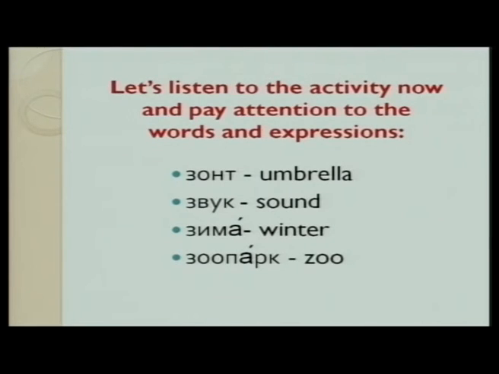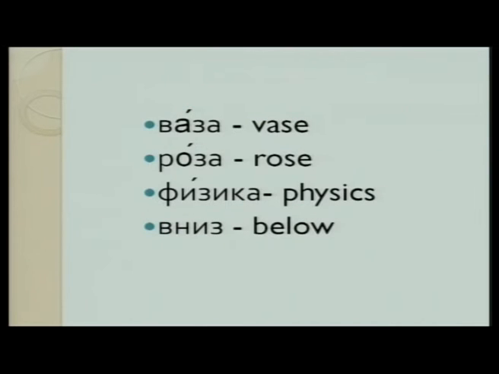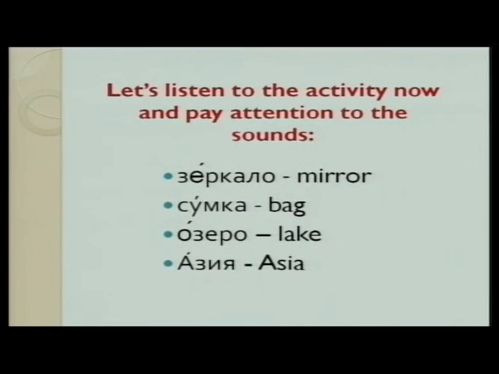Zont means umbrella, zvuk means sound, zima means winter, zapark means zoo, vaza means vase, roza means rose, fizika means physics, vniz means below, zerkala means mirror, sumka means bag, ozera means lake.